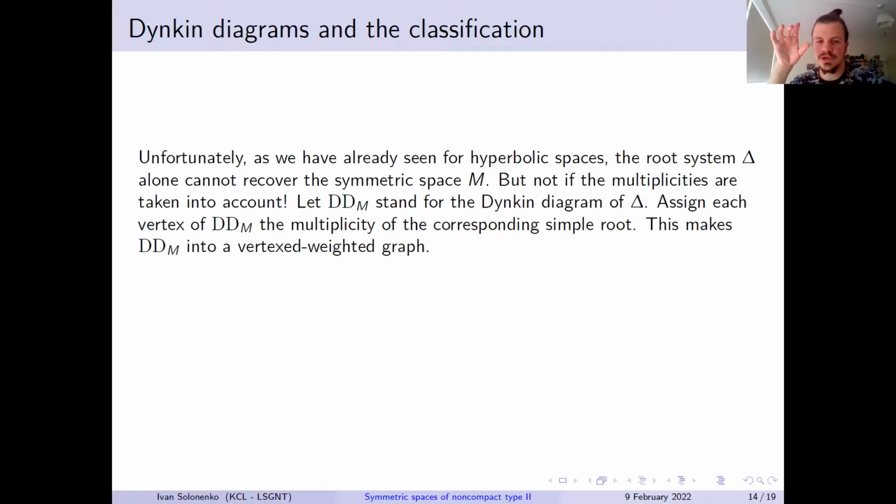And apart from looking at it as a graph, I assign to each vertex of my Dynkin diagram the multiplicity of the corresponding simple root. So now I treat my Dynkin diagram not just as a graph with some edges oriented or doubled or tripled, but as a vertex weighted graph. So each vertex in my graph has some number assigned to it.